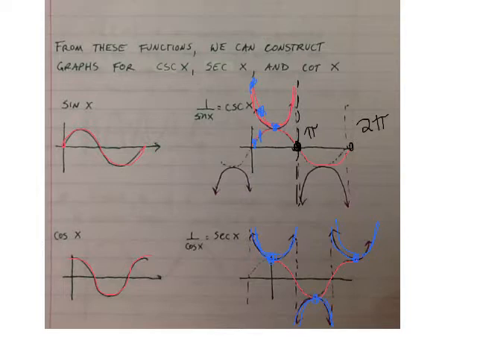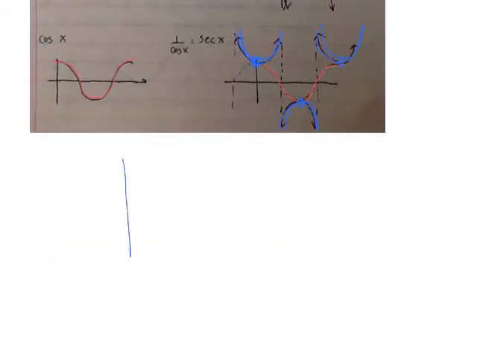So that's the secant function. I didn't graph the cotangent function, but if we wanted to graph the cotangent function, remember tangent does something like this. So if we're going to do cotangent, that's 1 divided by tangent.